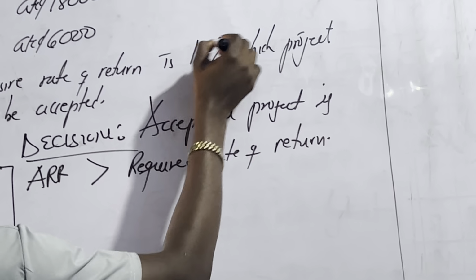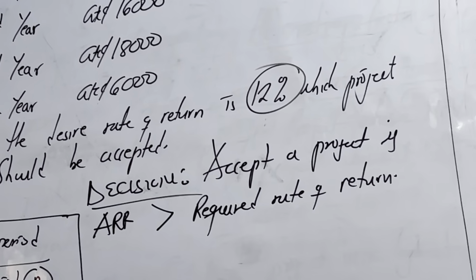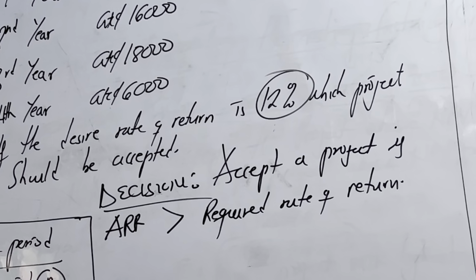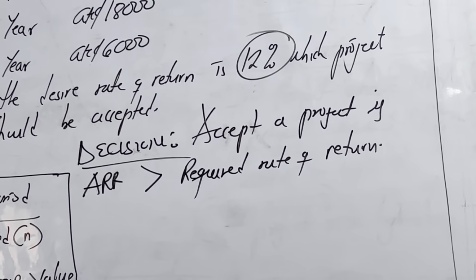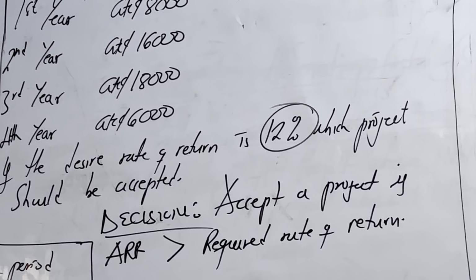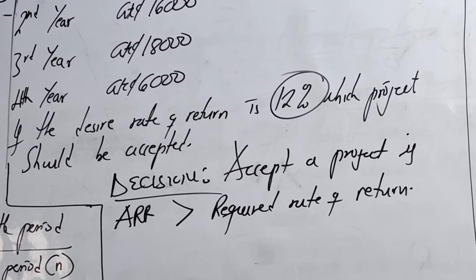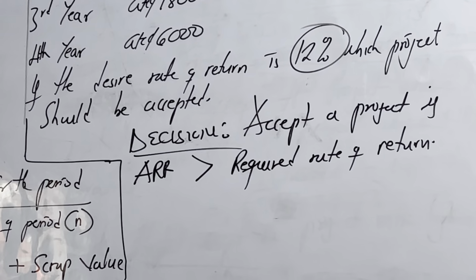What is our required rate of return? 12%. It's here. So when I say a figure that is greater, then it means our investment is a good investment. So we have to invest in that particular project.